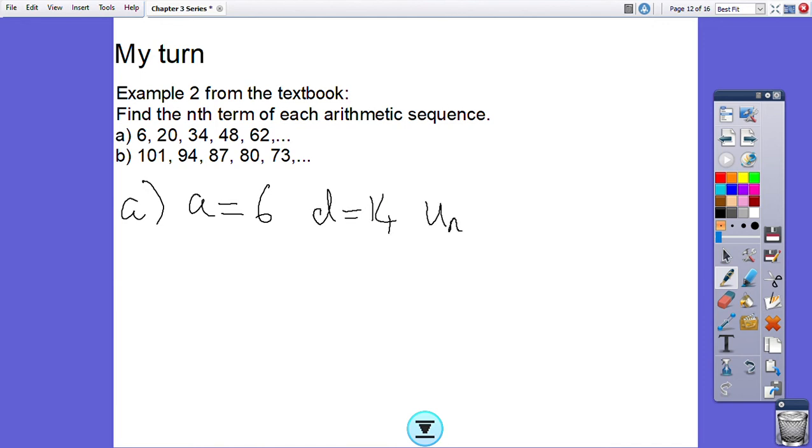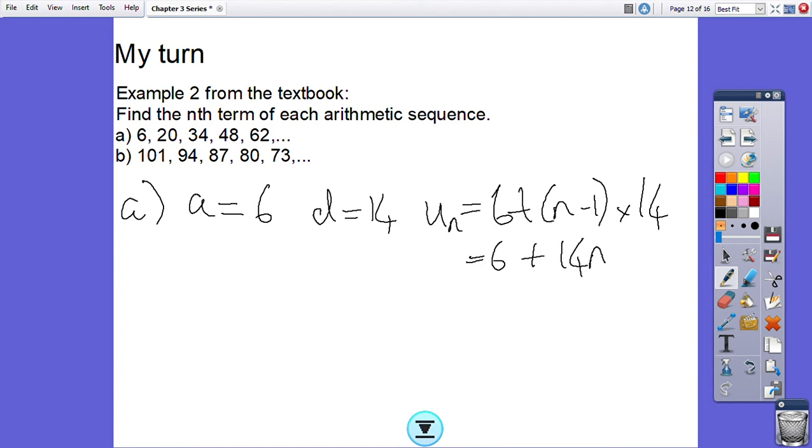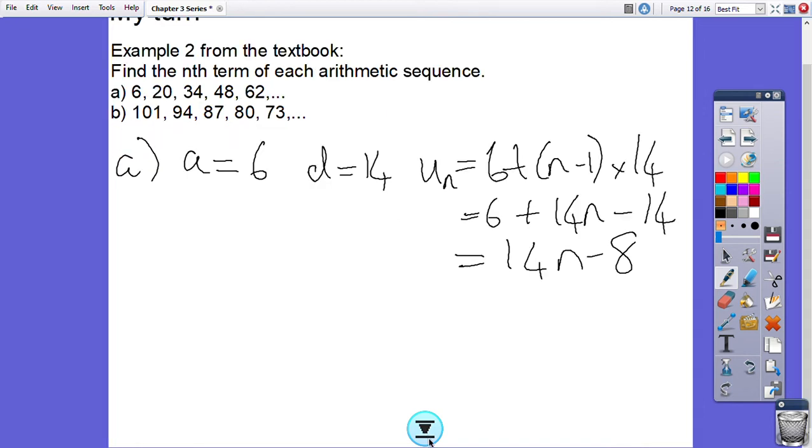So un is going to be equal to 6 plus n minus 1 times 14. So it's going to be 6 plus 14n minus 14, and 6 take away 14 is negative 8, so you end up with 14n minus 8.